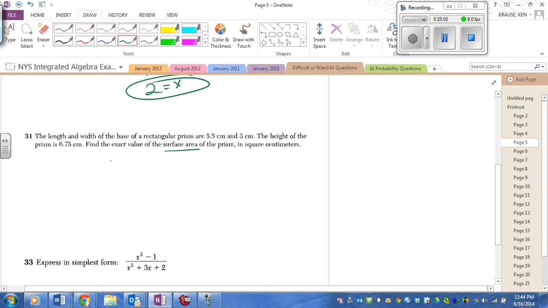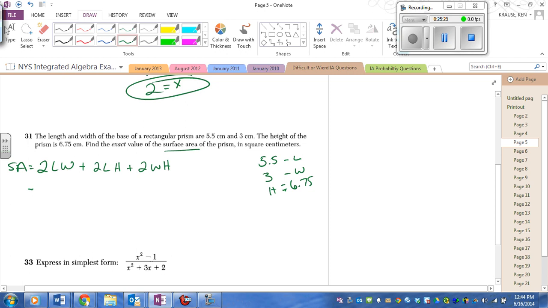Alright, surface area of a right rectangular prism is 2 length times width plus 2 length times height plus 2 width times height. And we know that the dimensions are 5.5 by 3, and the height, so this is what we call length, this we call the width, the height is 6.75.